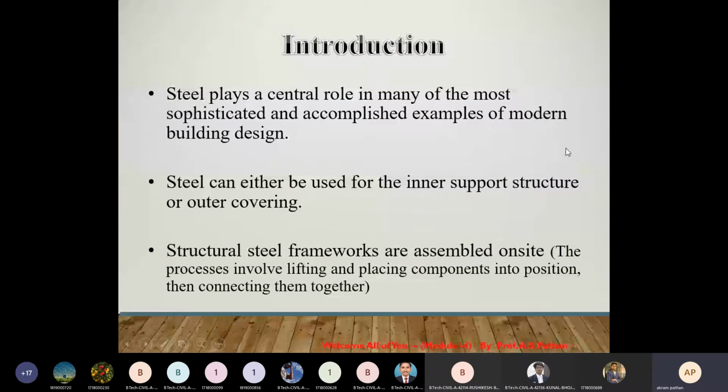So as a designer, as a civil engineer, our responsibility is that we should know the important things regarding steel constructions. So nowadays the traditional RCC building is replaced by steel buildings. Okay, so in case of Aurangabad city also, one of the important buildings is constructed.